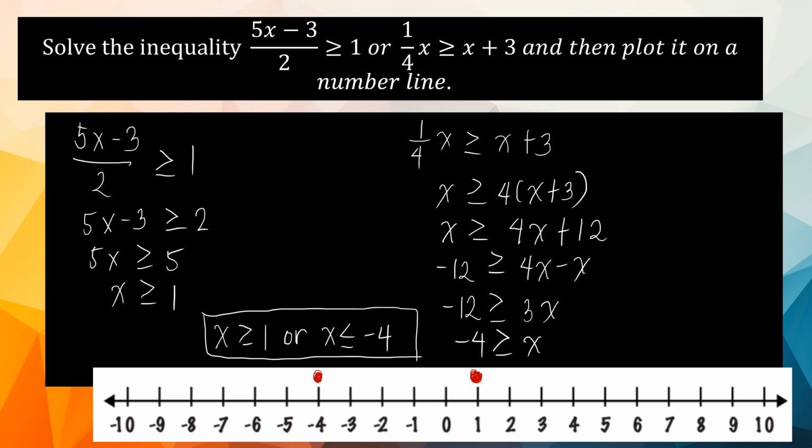So x is greater than or equal to 1, meaning our arrow is to the right. And x is less than or equal to negative 4, so your arrow is to the left. So that's it.